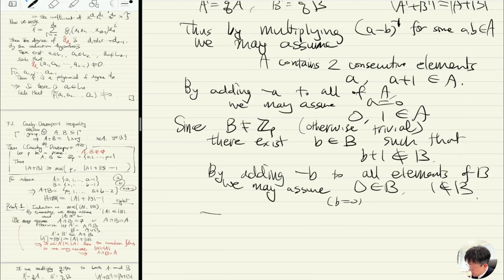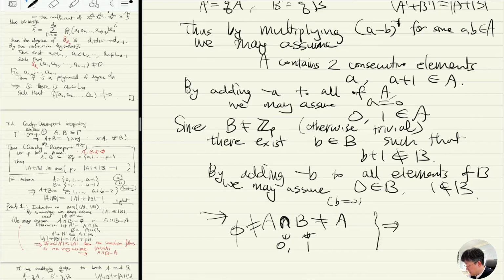Now, what does that mean? That means A intersection B is not A. A intersection B contains 0, it doesn't contain 1, and it's not empty.